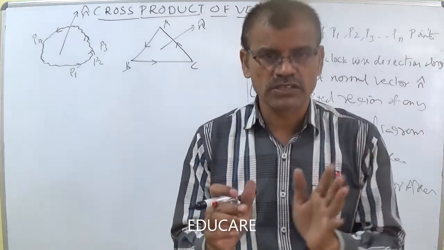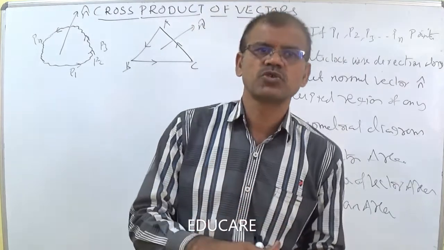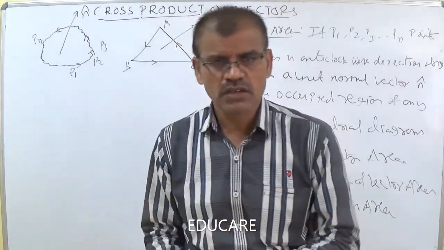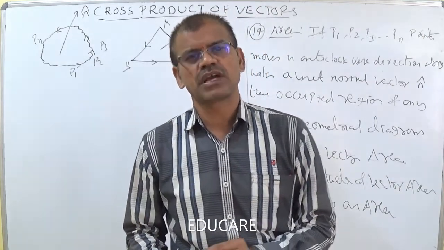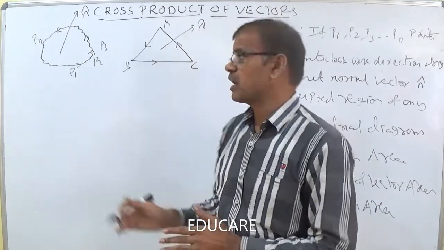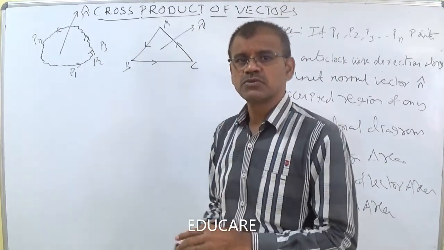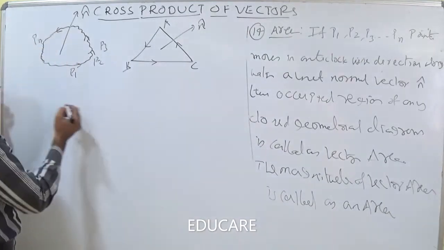For example, 2i plus 3j minus 5k is a positive area, and minus 2i plus 3j plus 5k gives a negative area, in the reversed direction. But in the magnitude of area, only positive should be there. So this is the triangle, and this is the area.